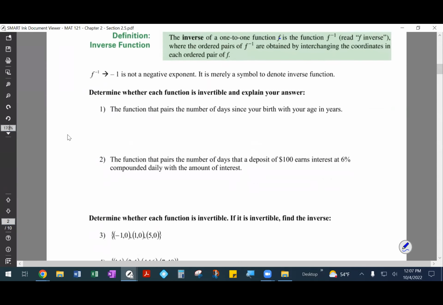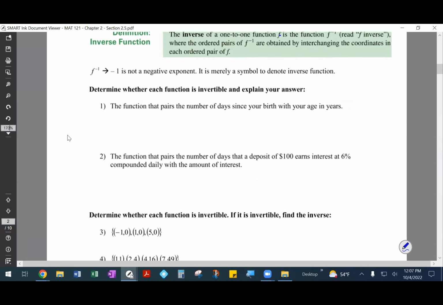So they want us to basically think about whether these examples here have that one-to-one relationship, which means would our function be invertible? Would we be able to find an inverse for this function? So let's talk about the first one here. The function that pairs the number of days since your birth with your age in years.